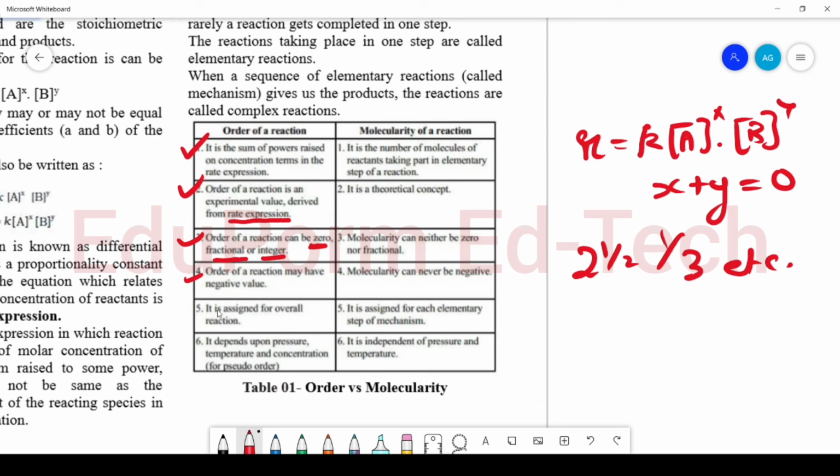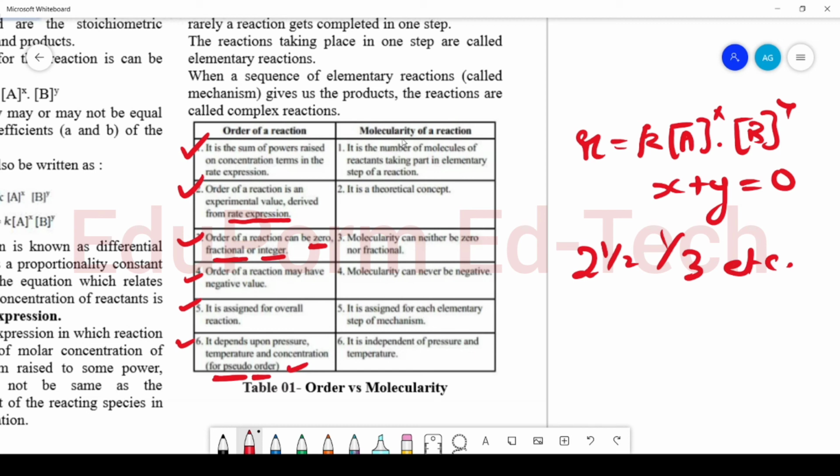It is assigned for the overall reaction, and as we discussed previously, the rate of reaction in any complex reaction is calculated by means of the slowest step. So the slowest step will give the rate of the whole reaction. It depends on pressure, temperature and concentration. For pseudo order reaction, in a later stage we will study what a pseudo order reaction is.